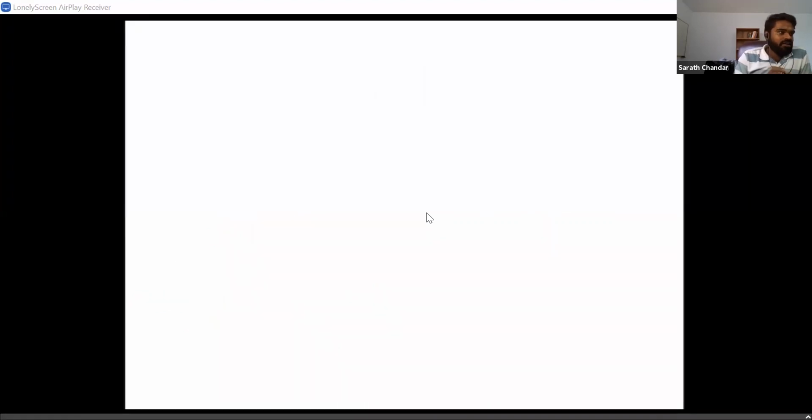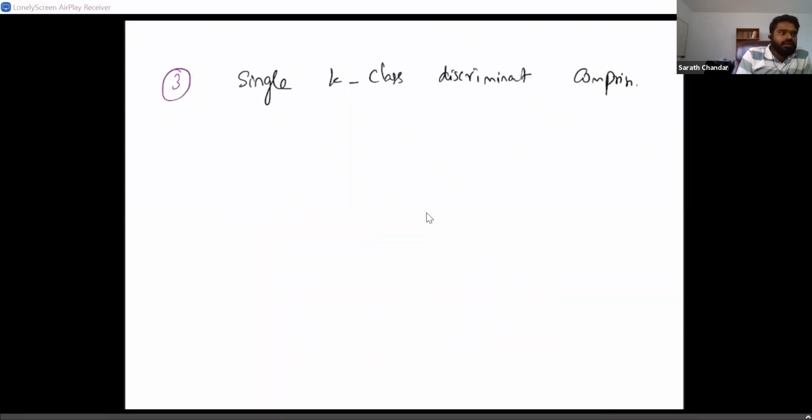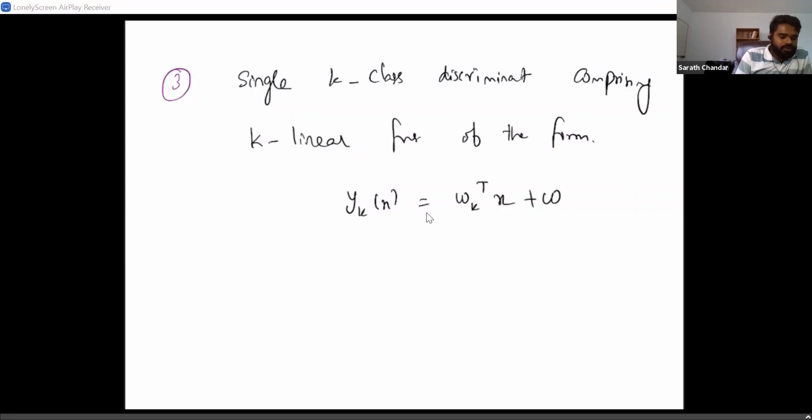So the final approach that we are going to consider is a single k-class discriminant comprising k linear functions of the form yk of x is equal to wk transpose x plus wk0.